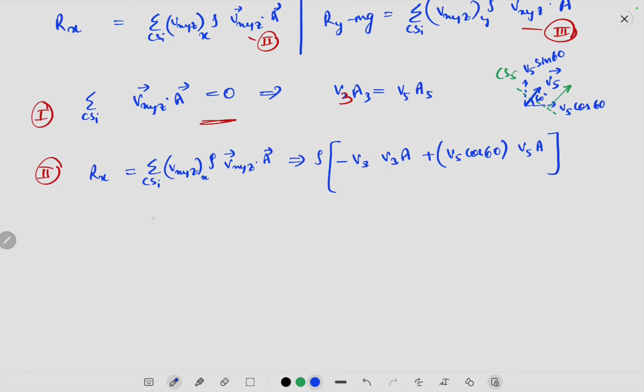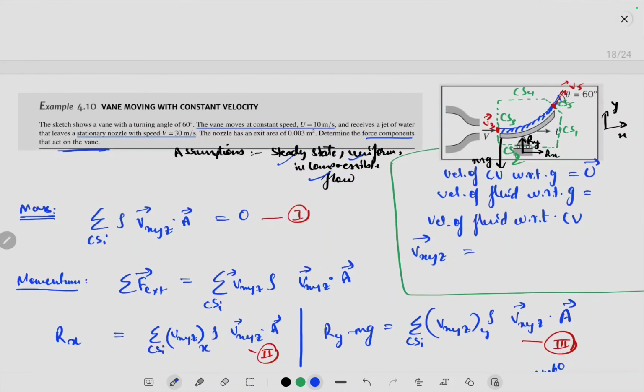So I get Rx equal to rho times V5 square cos 60 A5 minus V3 square A3. Now the problem is nothing is given about A5 in this problem, so we have to come up with some assumption.